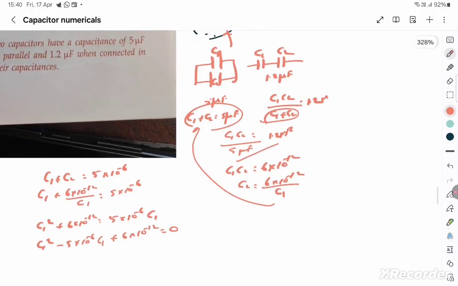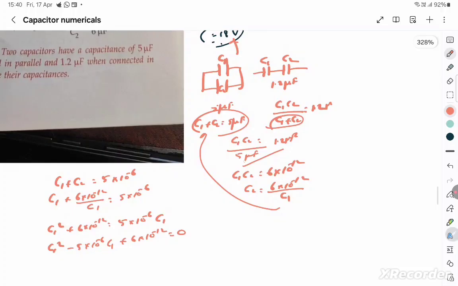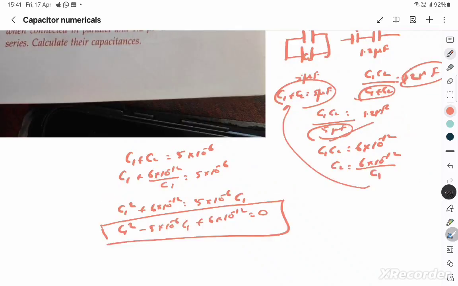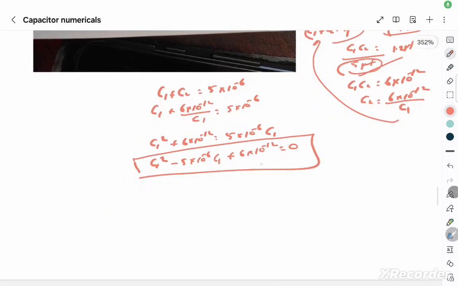My only case is C1 plus C2 is 5 microfarad, and this is 1.2 microfarad. So when I multiply micro, 10 to the power minus 12, it's correct. Now you solve this equation and calculate C1. You can write this as 3 twos are 6.